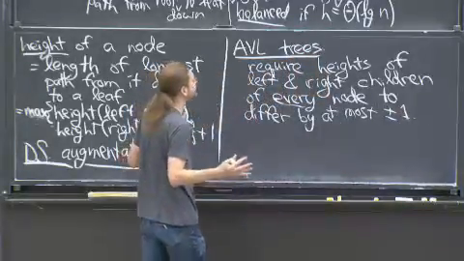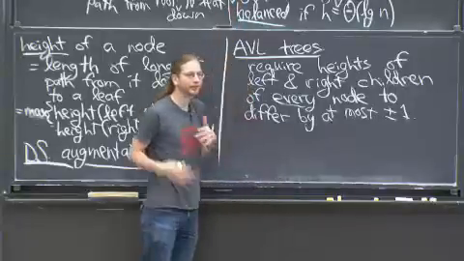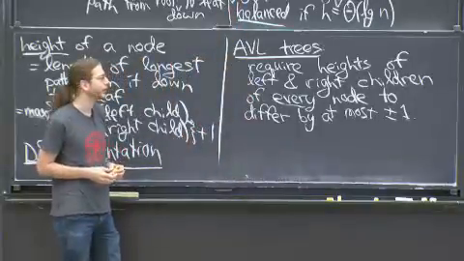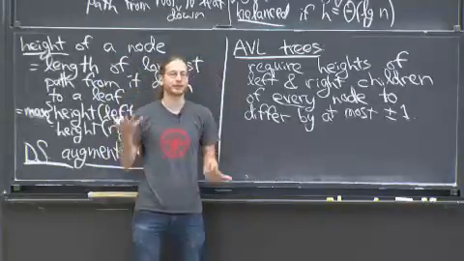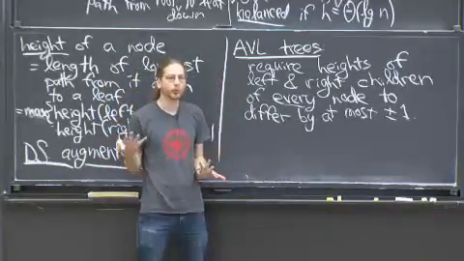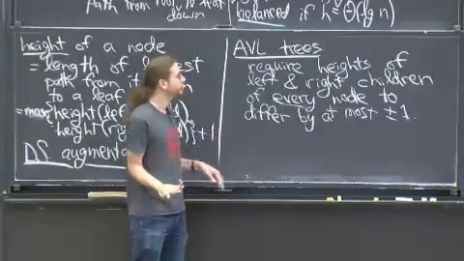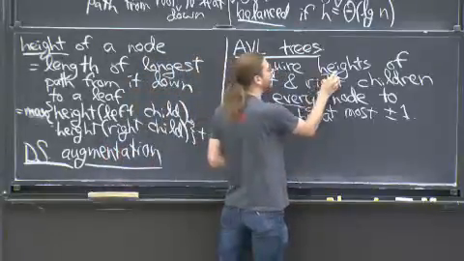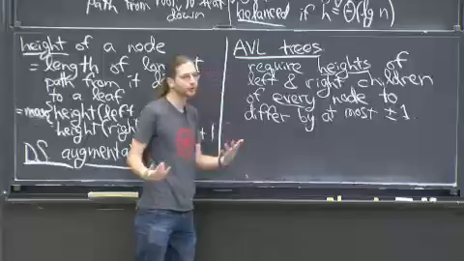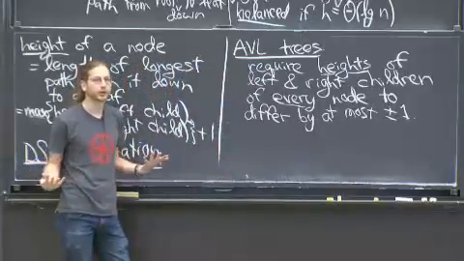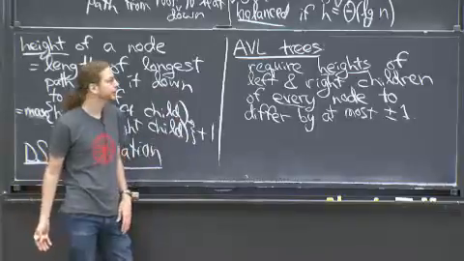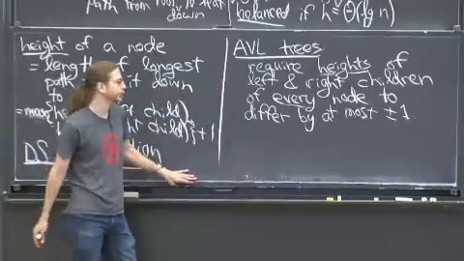We'd like to keep the height order log n. It's a little harder to think about keeping the height order log n than it is to think about keeping the tree balanced, meaning the left and right sides are more or less equal. In this case, we're going to think about them as being more or less equal in height. You could also think about them being more or less equal in subtree size. That would also work. It's a different balanced search tree. Turns out height is kind of the easiest thing to work with.